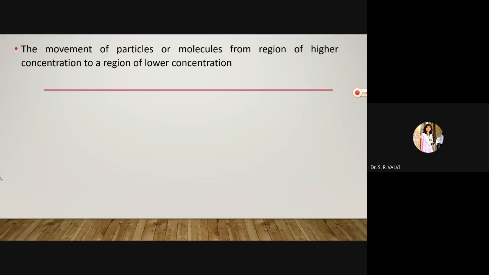So here what you have to remember is movement of particles or molecules from region of higher concentration to region of lower concentration. Okay, so let's move towards the second definition of diffusion.